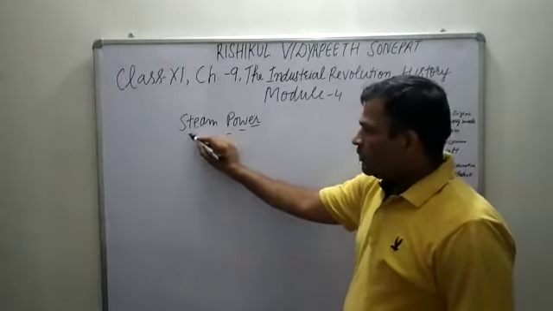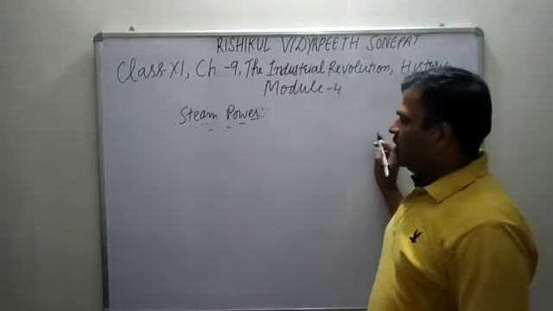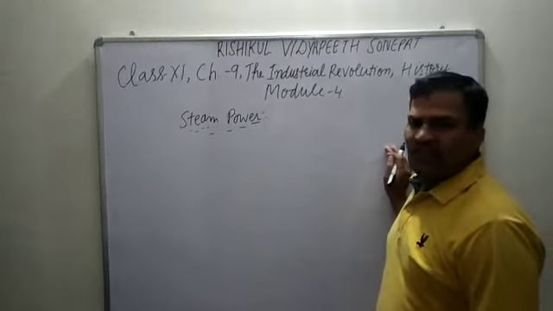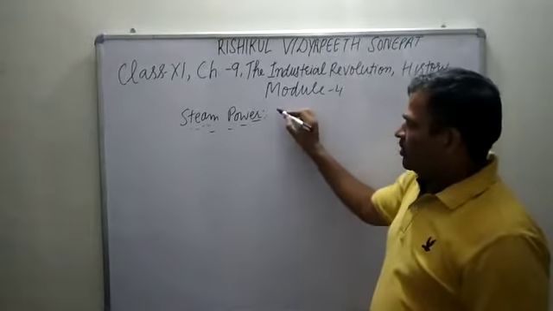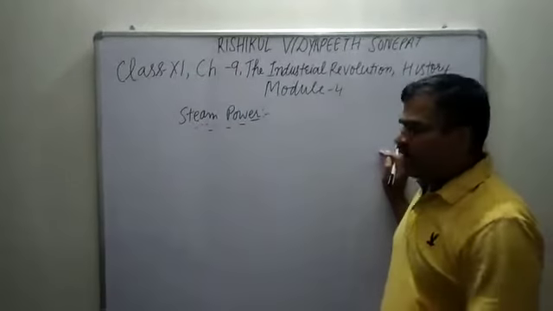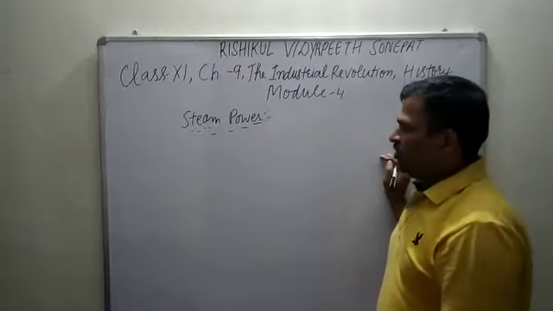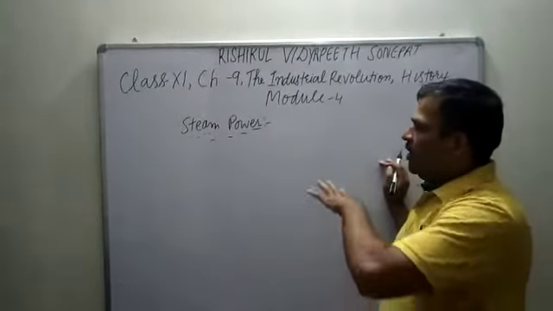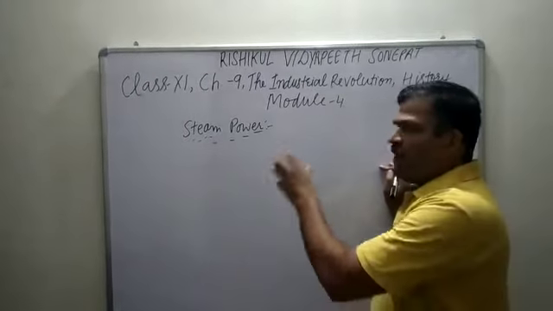Now here this will help in running different machines, means mechanical work will be done by that. The steam engine means the hot water is converted into steam to pull the machines, to pull the railways, or in different engines that were used. So it is very important.